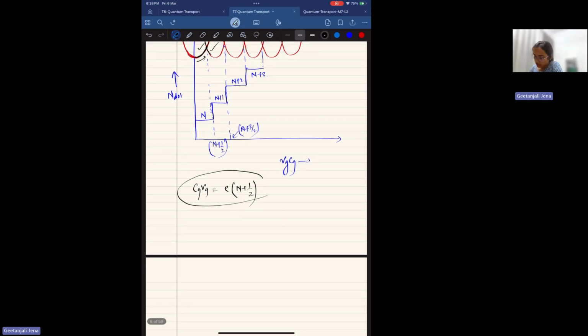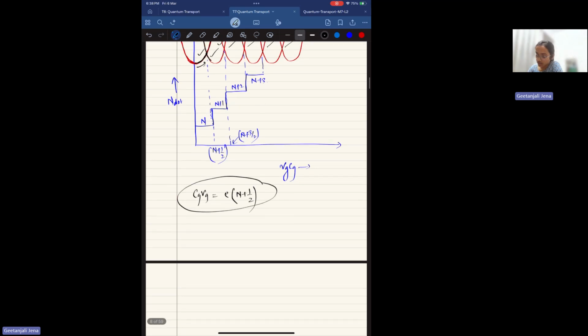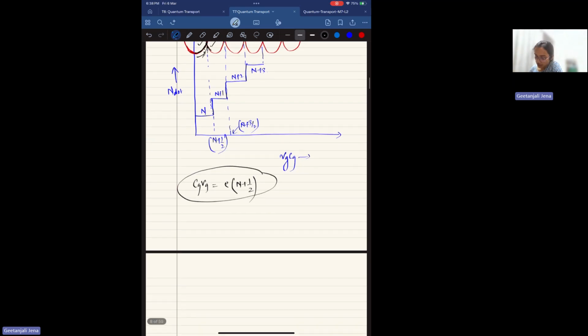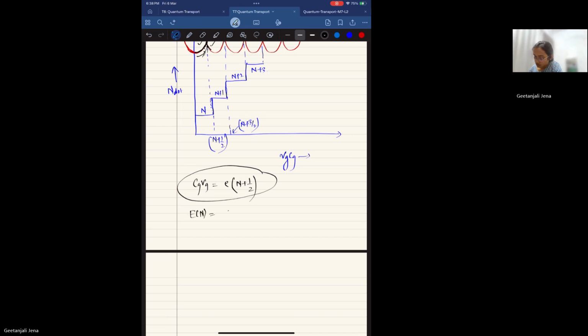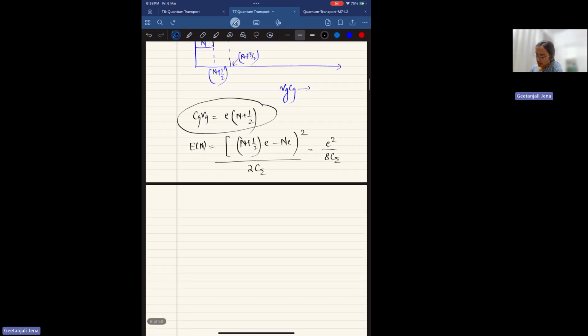For this point, we are considering only n and n plus 1, the first touching point. If you calculate En, it will be (n plus half)e minus ne, squared, over 2C sigma, so this gives e squared by 8C sigma.